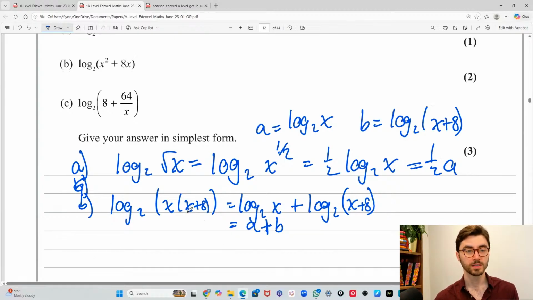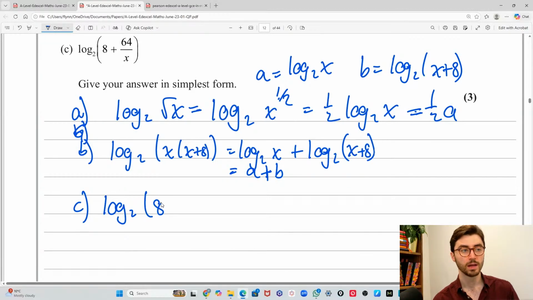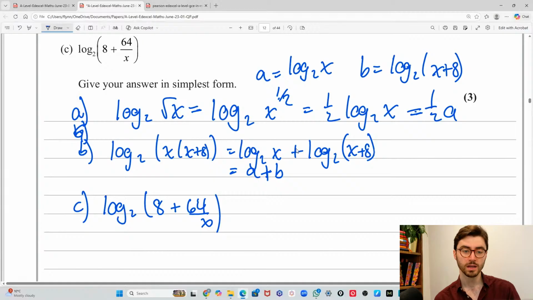And then for C, what sort of shenanigans are going on here? So log to base 2 of 8 plus 64 over x. How do I write that in terms of these? Well, I'm seeing, for instance, I could get an x plus 8.